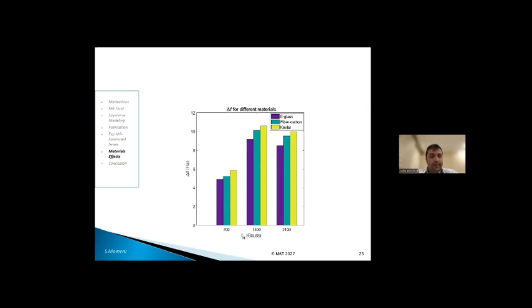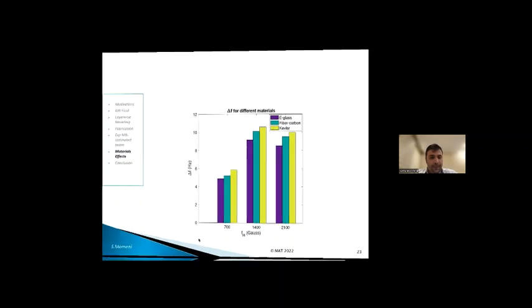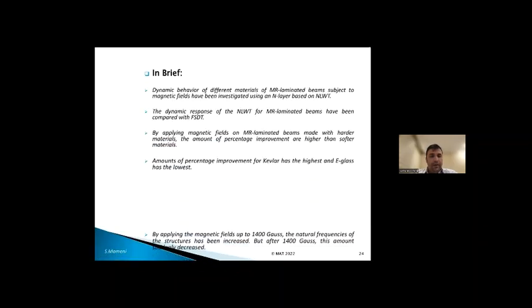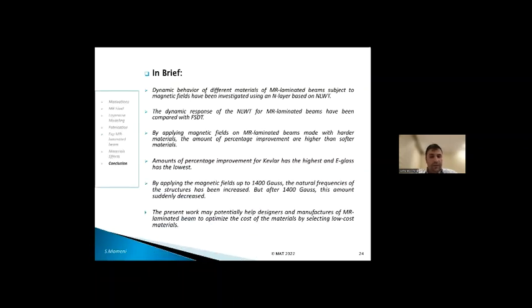In the next step, I want to talk about this article briefly. The dynamic behavior of the MR laminated beams for different materials has been investigated based on the N layer of the layer-wise theory, and the dynamic response of this structure was compared with FSTT.